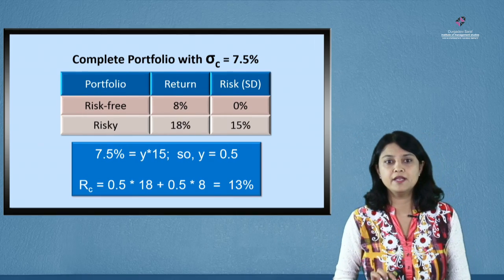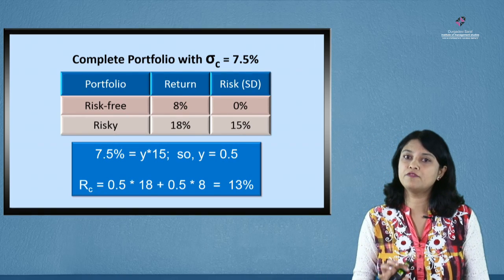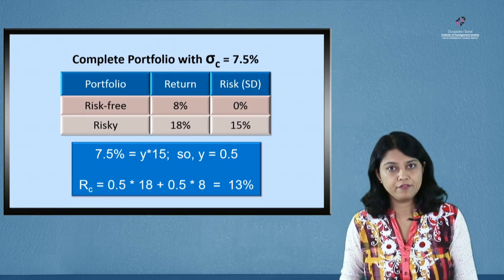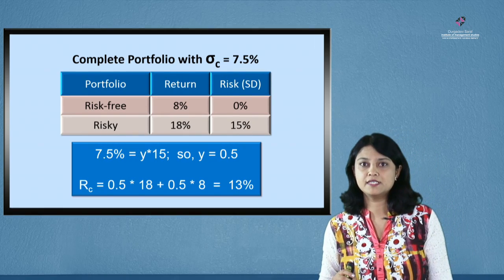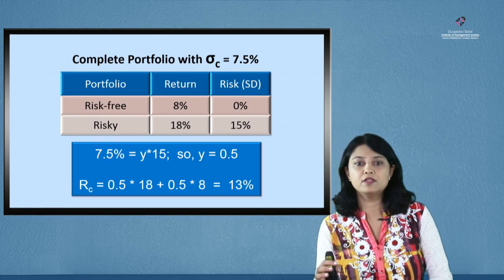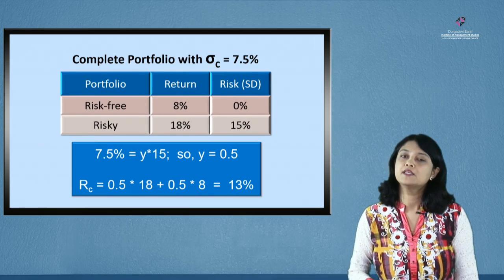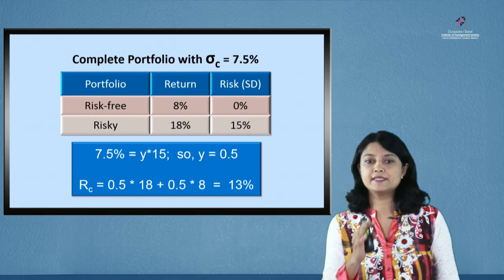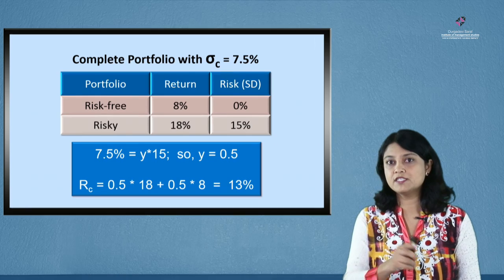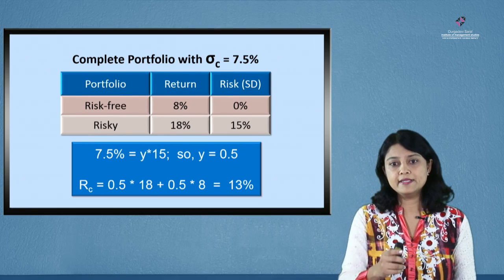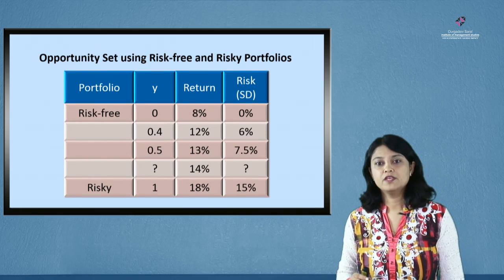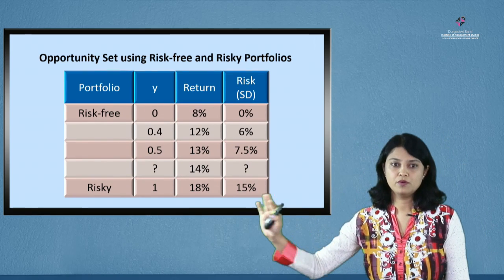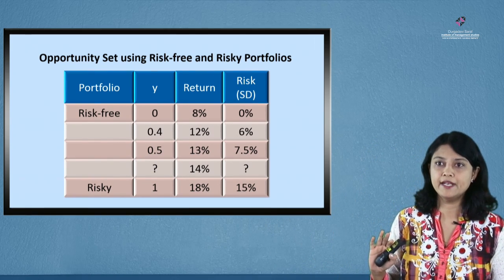So if I plug these numbers into the formula, I get Y is equal to 0.5, and using this Y 0.5 I can calculate RC also, because now I have all the numbers which are required. So with 18 and 8, I get the exact average, because it's 0.5. So I get the exact average 13%. Now we are ready with the answer to the second choice.